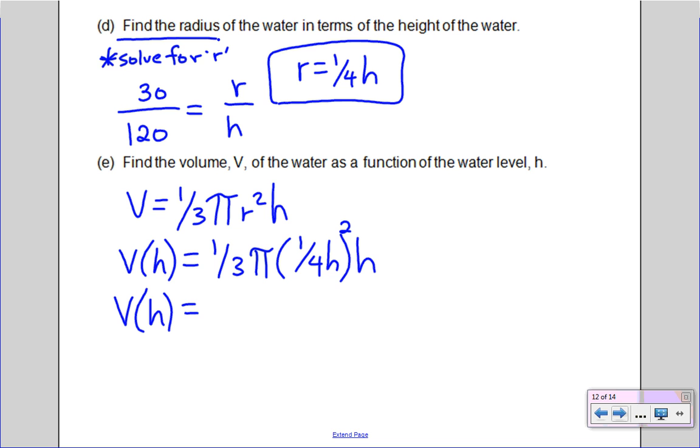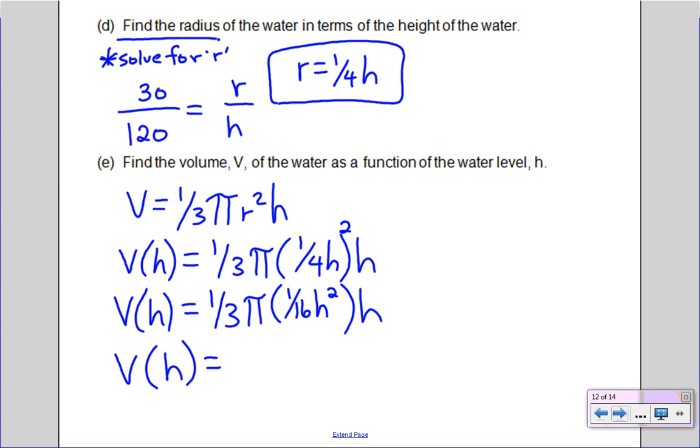Okay, so let's simplify that down. So we've got 1/3 pi. When we square the parentheses, we get 1/16 h squared times the height. And then our final equation simplified all the way down would be 1/3 times 1/16 is going to be 1/48 times pi times h cubed.